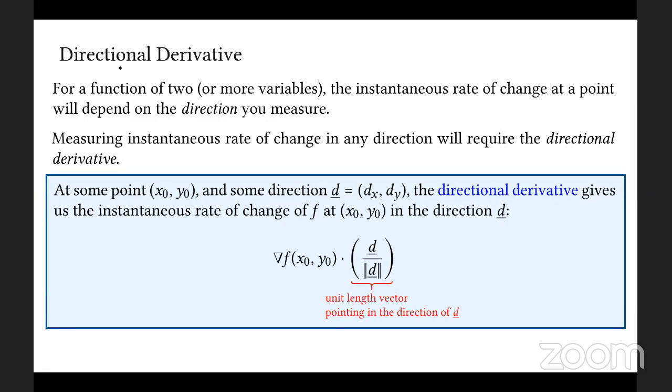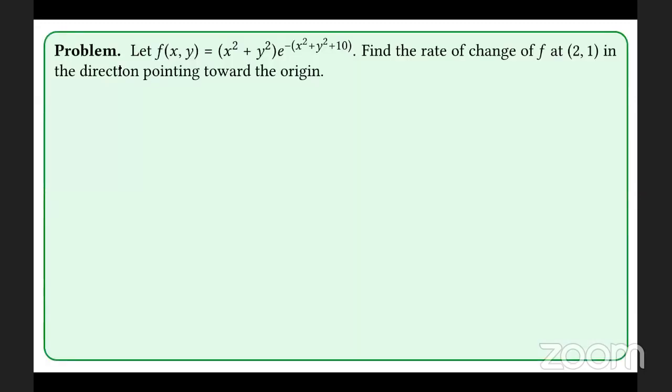The directional derivative gives us the instantaneous rate of change of f in the direction d at x naught, y naught, and it's just the gradient of f evaluated at your point, dotted with the normalized vector of d. So taking d and making it unit length by dividing by its magnitude. Make sense? Okay. So that's the directional derivative.